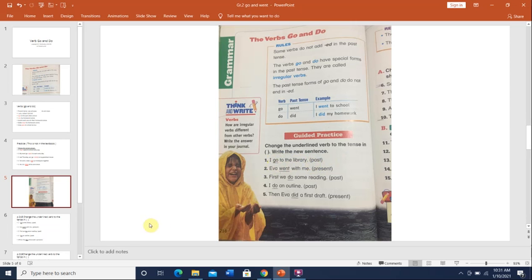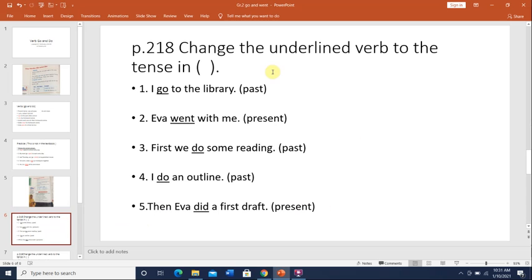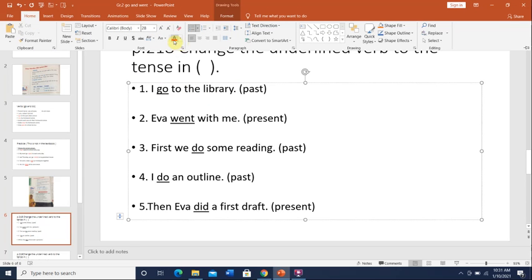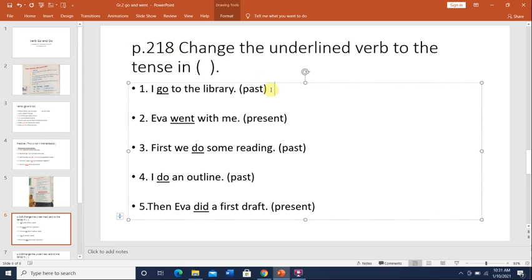Let's try to do this together, okay? I go to the library, and I want to change go to the past tense. What is the past of go? The answer would be went, right? Didn't we just say that? Yes. So the sentence will be I went to the library.